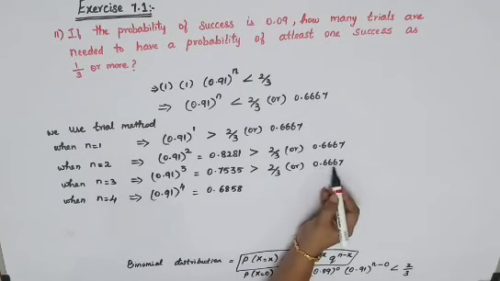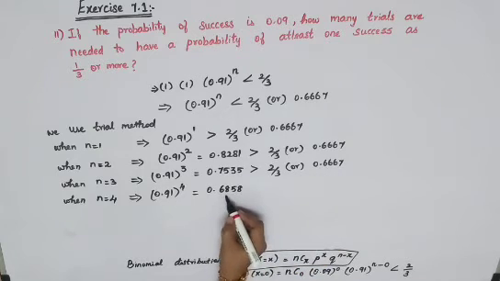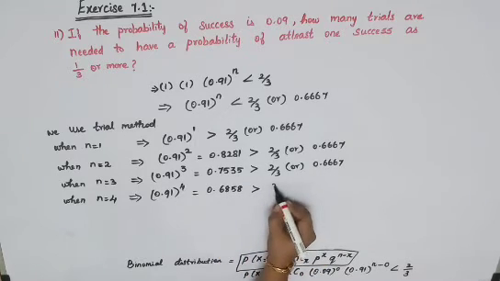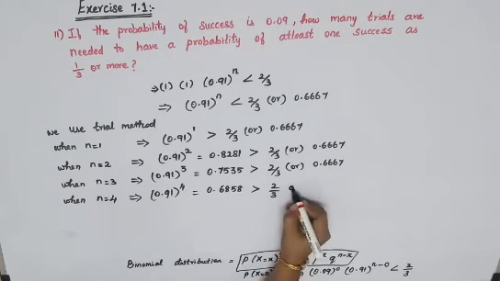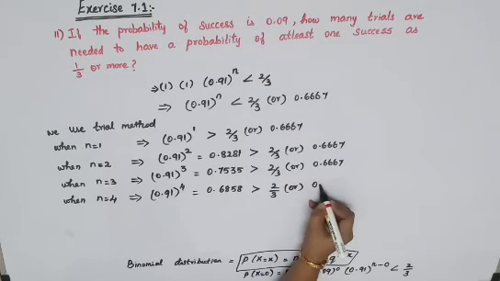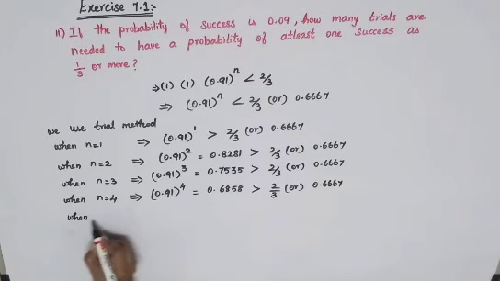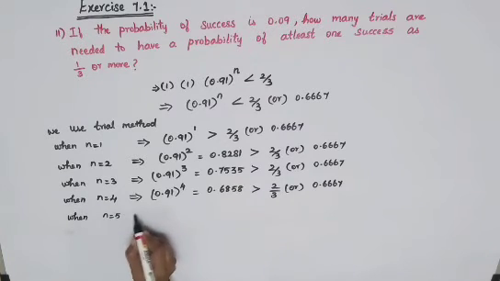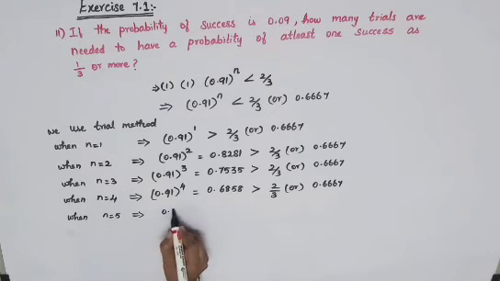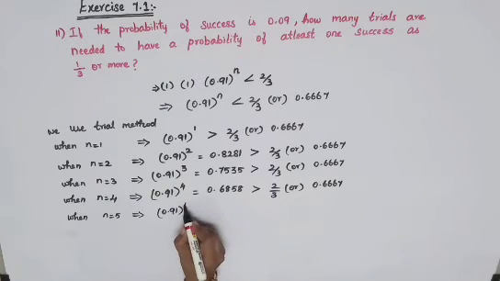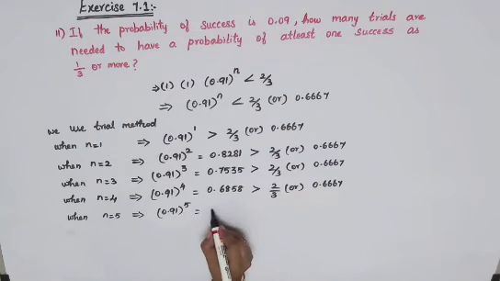Again you can see 6 only is there, but here 6, 8, again this will be greater. Okay, so greater than 2/3 or 0.6667. Next one is when n is equal to 5. That implies 0.91 the whole power 5, that is 0.91 multiplied 5 times.